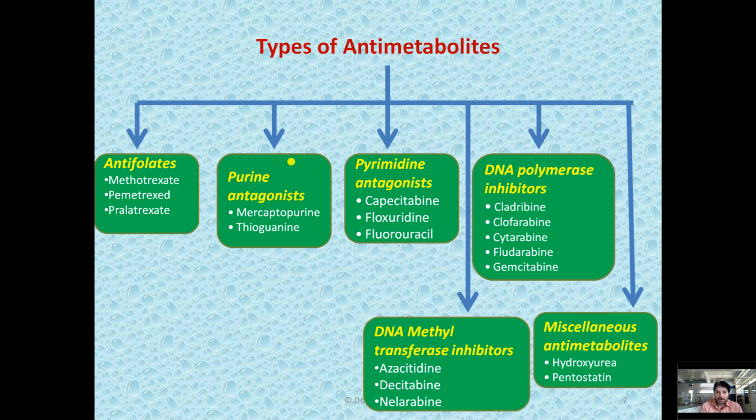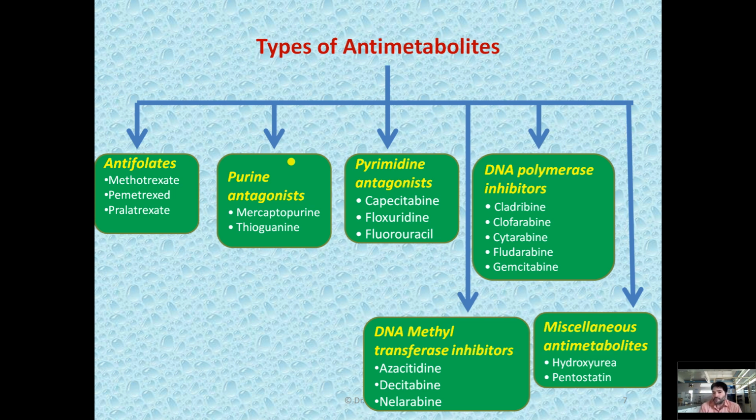In purine antagonists, there are 2 molecules widely used in the treatment of cancer: mercaptopurine and thioguanine. In the pyrimidine antagonist class, there are 3 molecules: fluorouracil, floxuridine and capecitabine. While in DNA methyltransferase inhibitors, there are 3 molecules: azacitidine, decitabine and nelarabine.